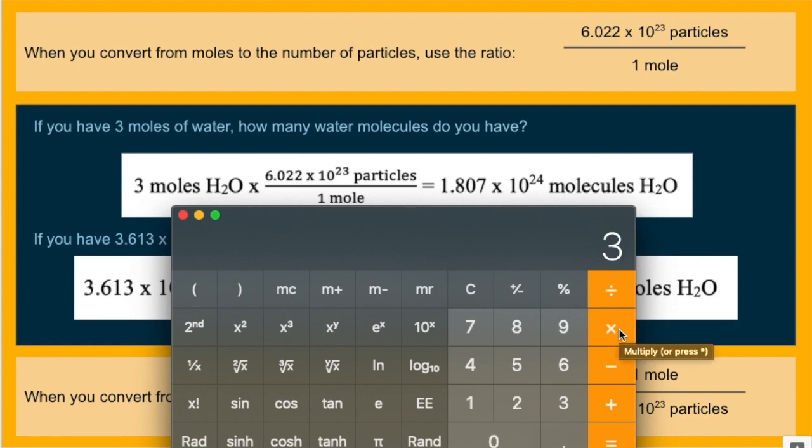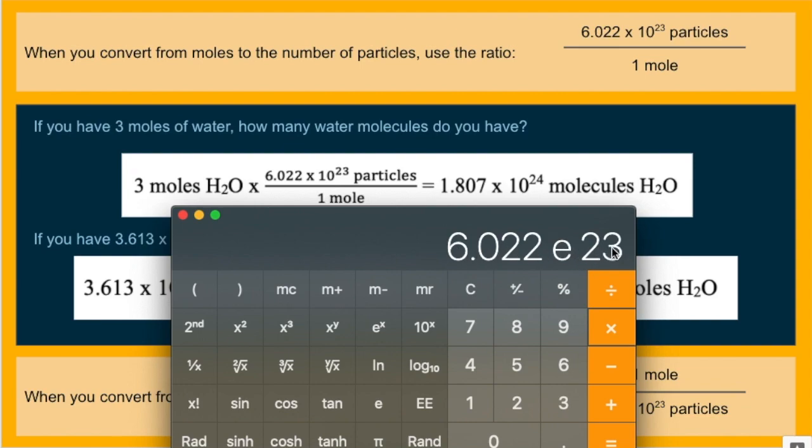So 3 times the 6.022 times 10 to the 23rd. So I have 3, that one's pretty easy to put in, times my 6.022, and then to do the times 10 to the 23rd, I'm going to hit this EE button, and then I'm going to put in what I'm raising the 10 to, so 23.